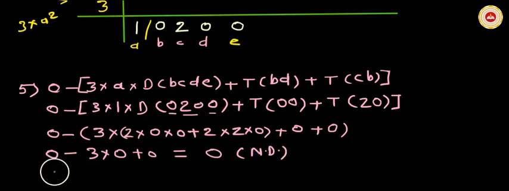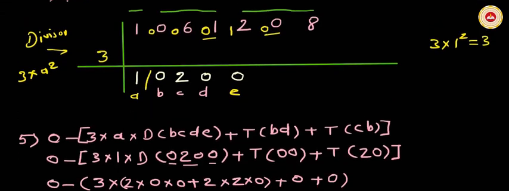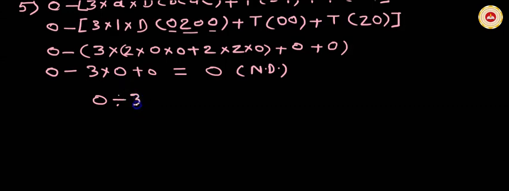Now let us divide this net dividend 0 by divisor 3. So 0 divided by 3 gives us quotient 0 and remainder 0.